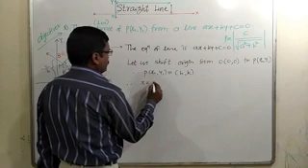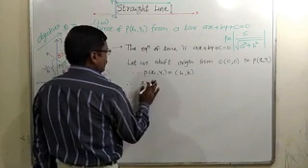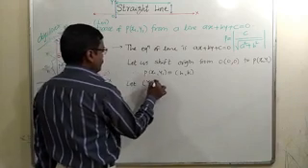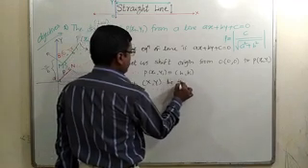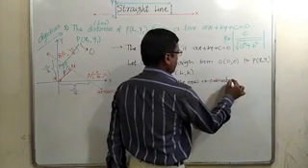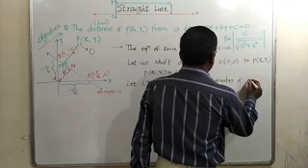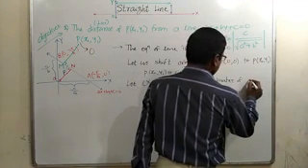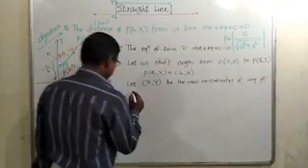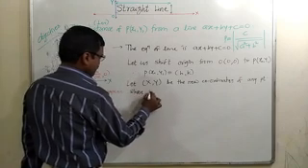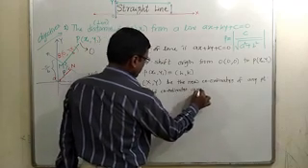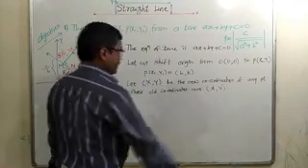Let capital X, Y be the new coordinates of any point whose old coordinates are small x, y.